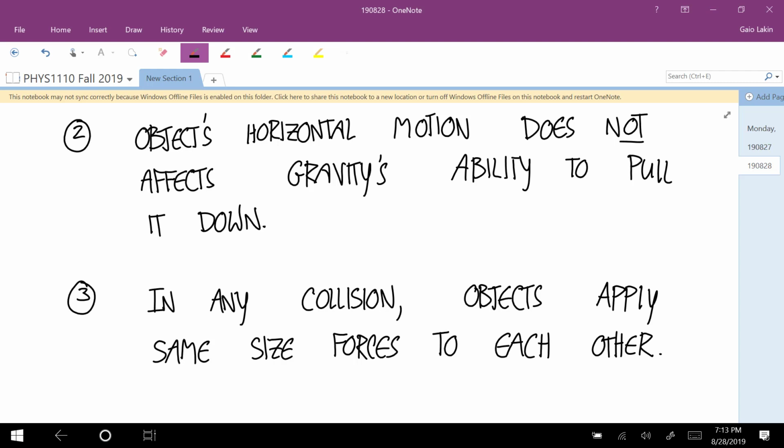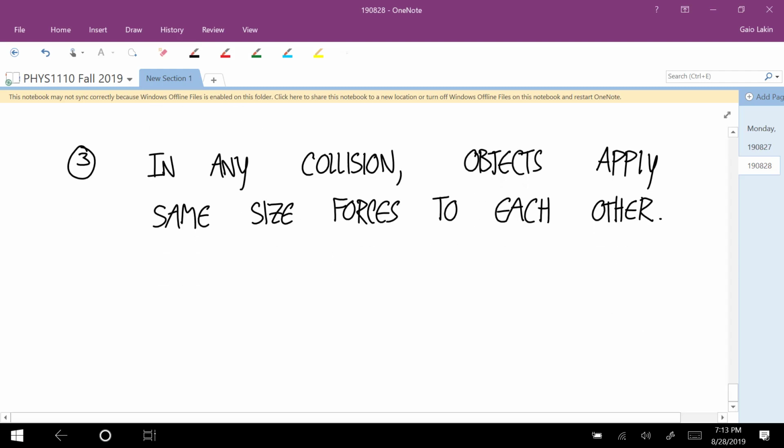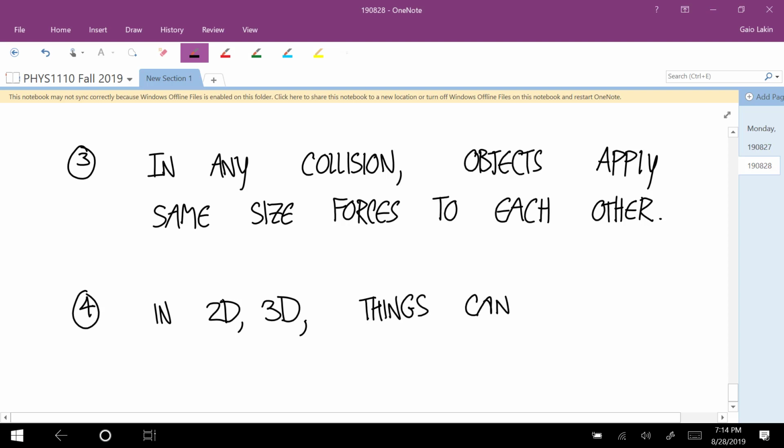Okay, one more thing. The last common misconception is that in 2D and 3D, things can accelerate even if the speed isn't changing.